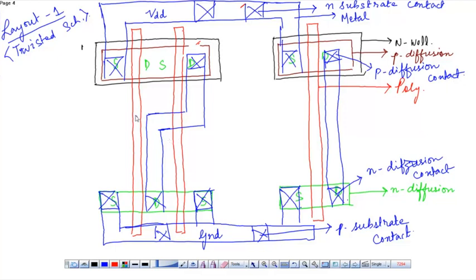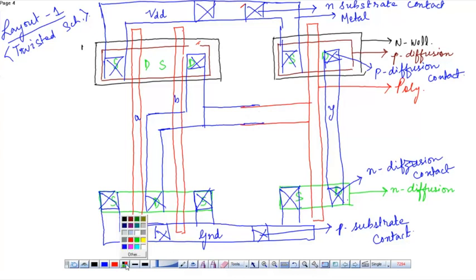Now these are the inputs. This is input A, this is input B, this is the output Y. This output of the NOR is connected to the input of the inverter. So they overlap.